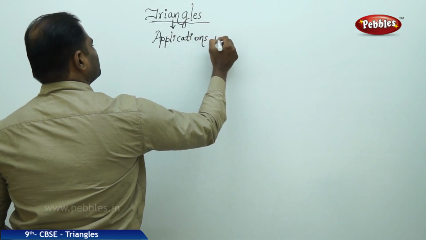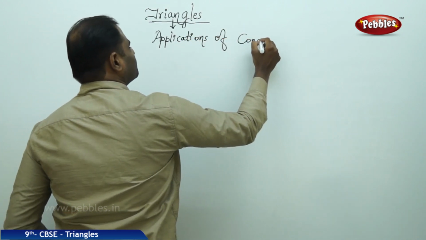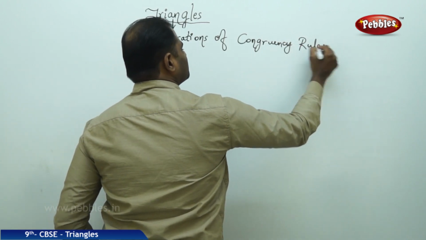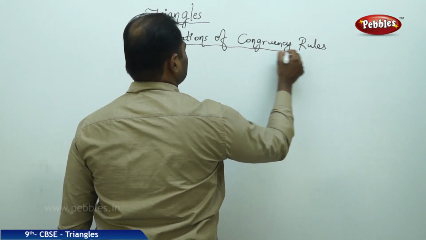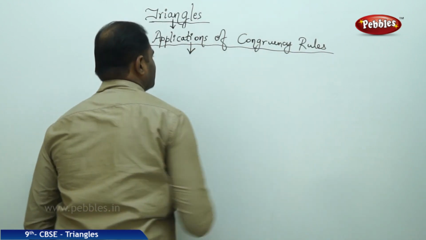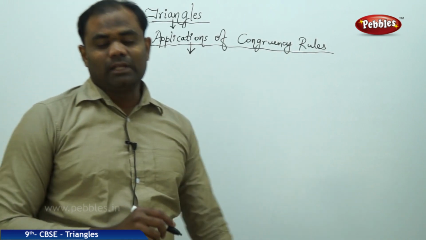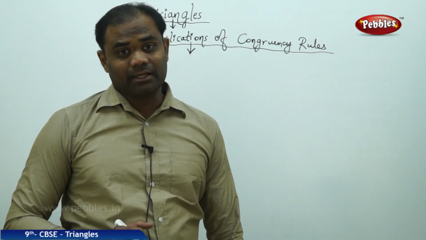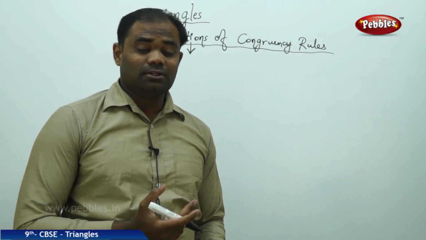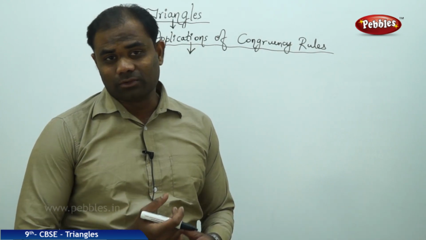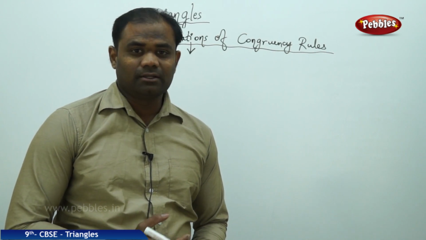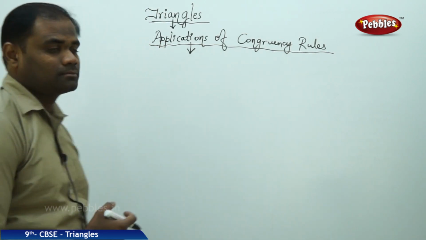SSS, ASA, SAS, RHS, AAS are the various types of congruency rules which we have discussed till date. So let's apply them to the problems.